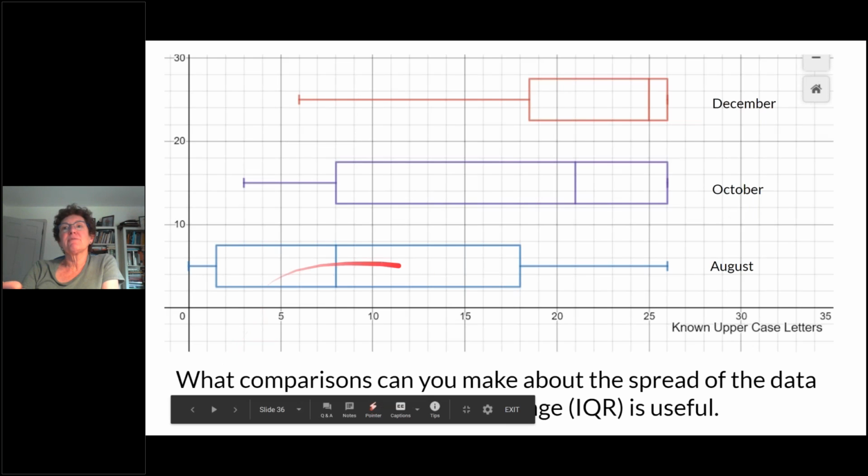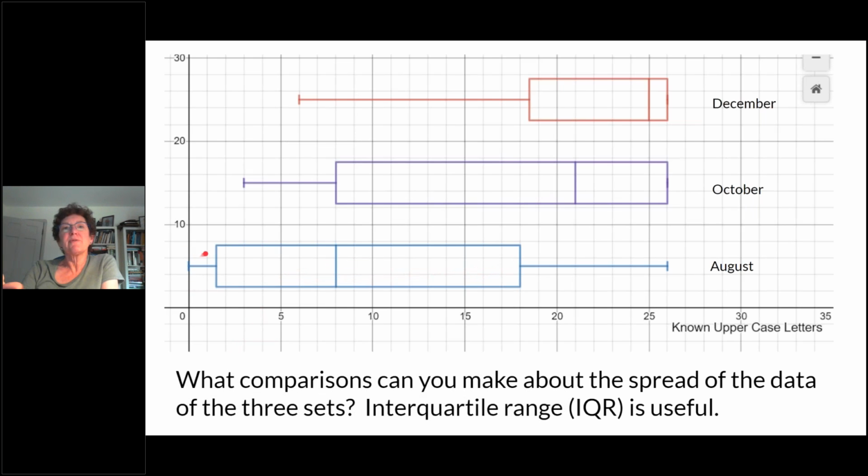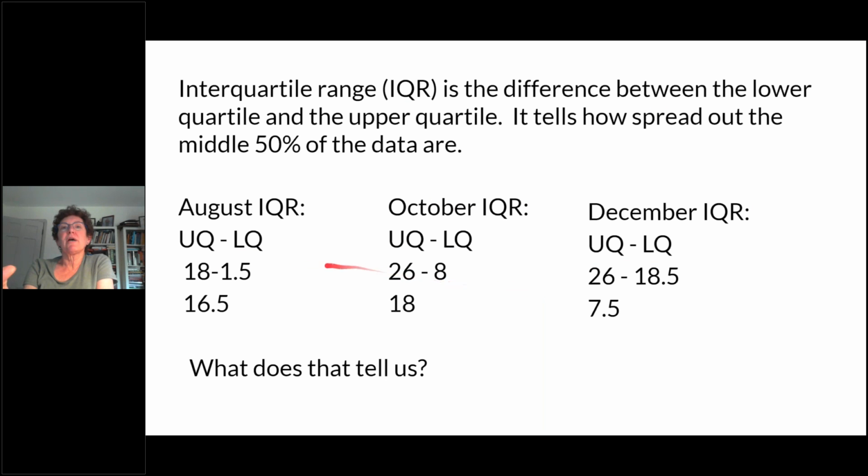It's the difference between the lower and the upper quartile. When we say difference, we know that we're talking about subtraction. Difference is one of the words that cues me in to think about subtracting. So how do I figure out the interquartile range? I start with my upper quartile and I subtract my lower quartile.